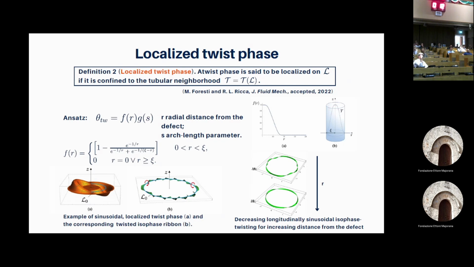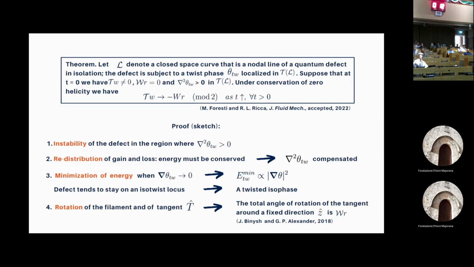So what happens in this case? This is the main theorem of our new paper. Let L denote a closed space curve that is a nodal line of a quantum defect in isolation. The defect is subject to a twist phase, theta twist. So we inject, for example by a Gauss-Laguerre beam, a twist phase on all the condensate. In particular, we can fix ideas thinking of just one isophase.